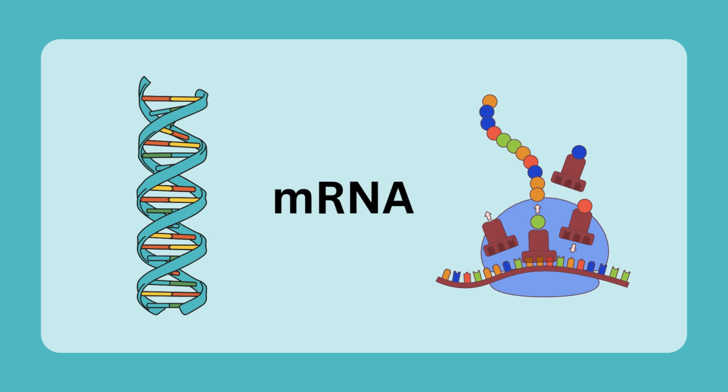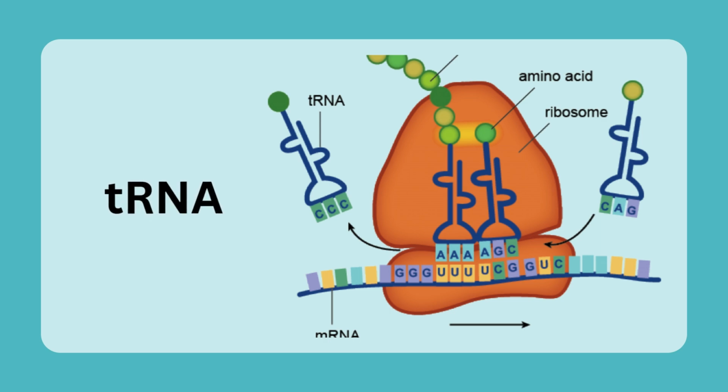So mRNA, M is for message, to carry the message from DNA to ribosomes, right? tRNA, T for transfer, brings the correct amino acid. It brings the correct amino acid according to its codon. tRNA has an anticodon in its structure.